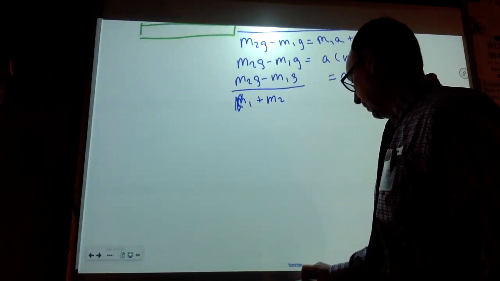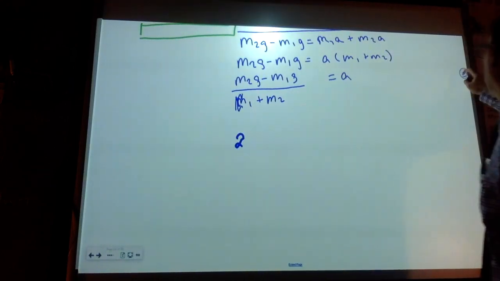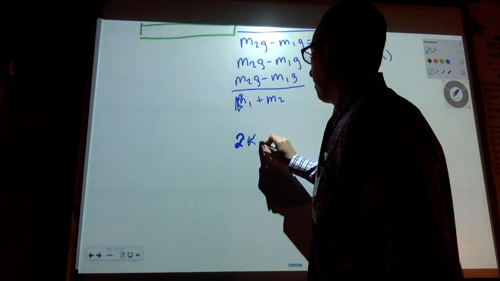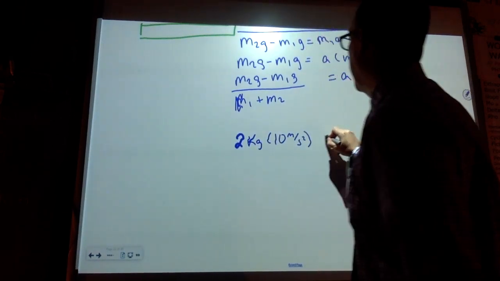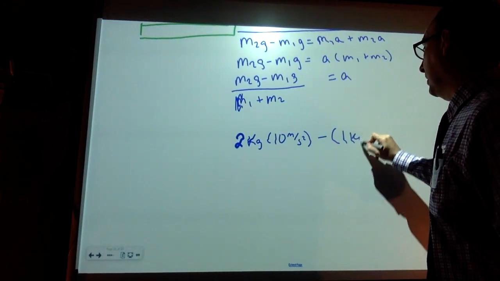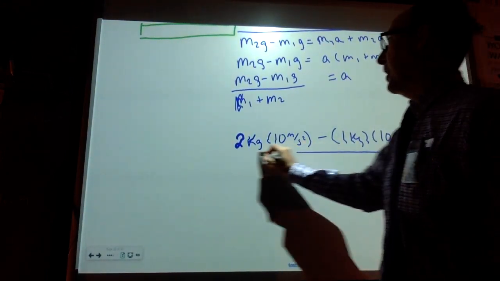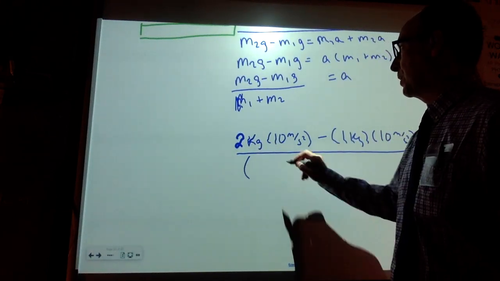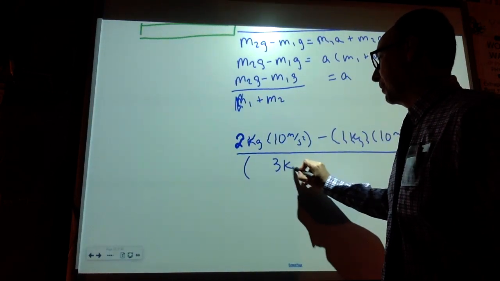I have 2 kilograms times 10 meters per second squared minus 1 kilogram times 10 meters per second squared divided by 1 kilogram plus 2 kilograms, which would be 3 kilograms.